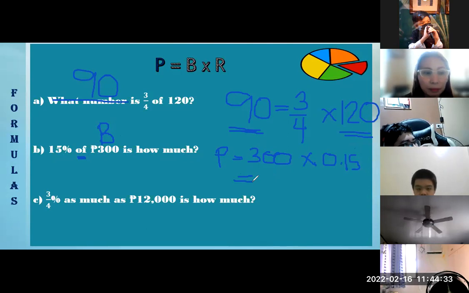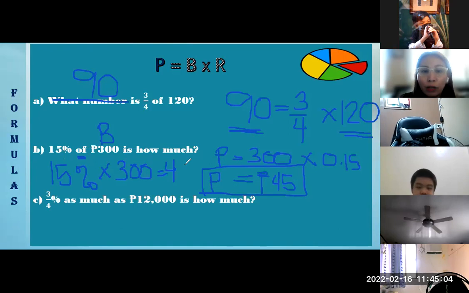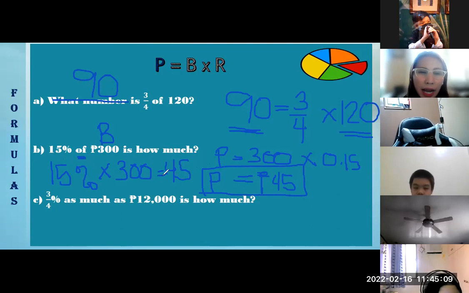And this is how much? 300 multiplied by 15%, we now have, ilagyan natin ng peso sign, 45. Percentage is equals to 45. Ayan, let's analyze ulit. 15% of, multiplied 300 is how much daw? It's 45. So, 15% ng 300 ay just 45.